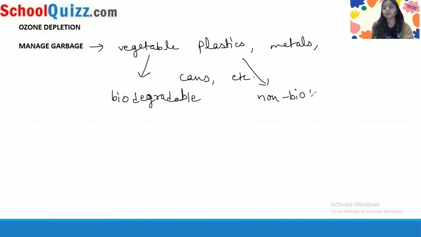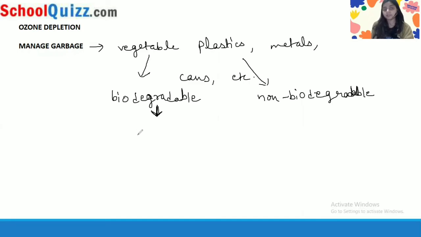So what is biodegradable? It means garbage which can be reduced to the earth by organisms like bacteria or fungi.